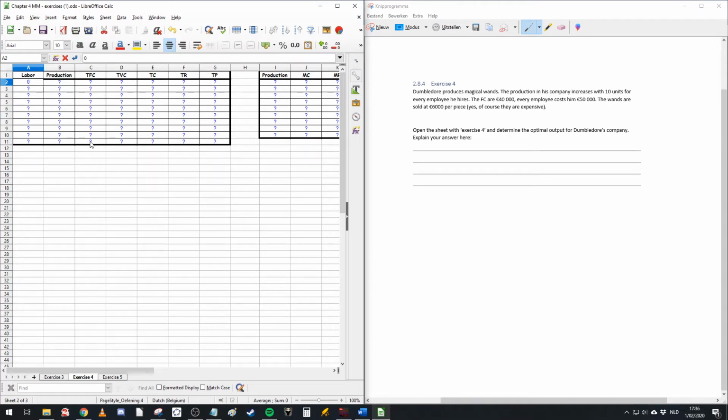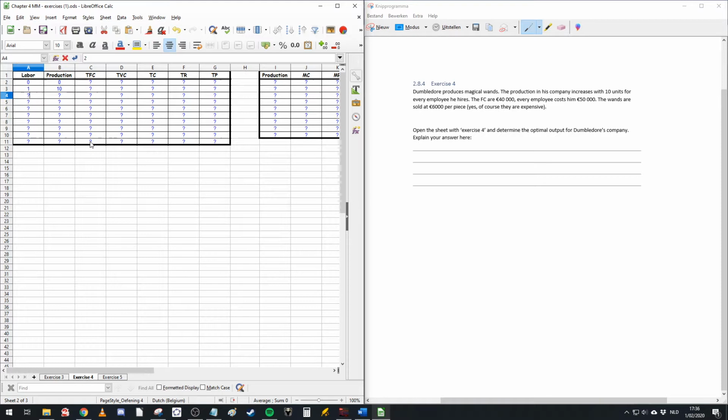0 employees will obviously lead to 0 production. We see that every employee he hires will come with a cost, but it will also come with an increase in production. So if he hires one man or woman, doesn't matter, he or she will produce 10 units.